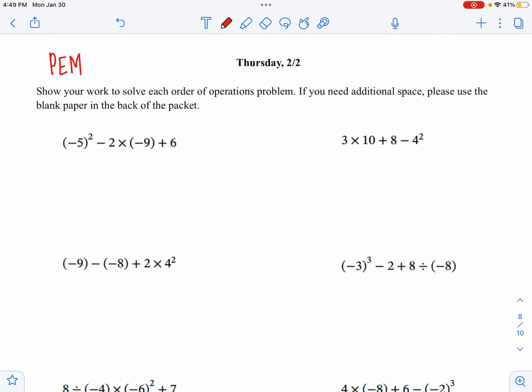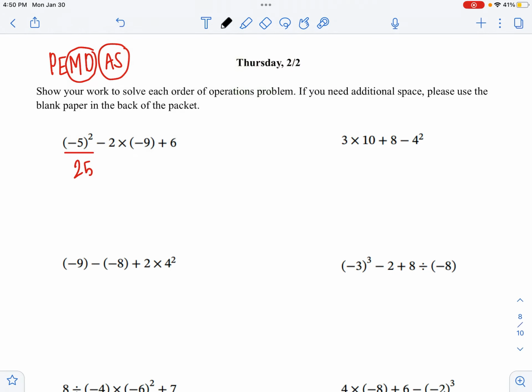Parentheses, exponents, multiplication and division, remember these are grouped, and addition and subtraction also grouped. So here, I can see that in my parentheses are just plain old numbers. There's nothing to do. And so my first operation is the exponent, -5 squared, which is equal to 25.